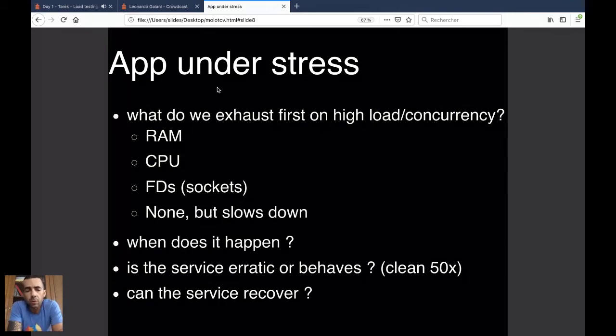And also, when you reach that point, you want to make sure that the application goes back to normal once it's not under stress anymore. Because for many web services, usually what happens is that we're going to put a lot of load on the service, it's going to break, and then everything is going to be broken even though the load is down to a normal level again.